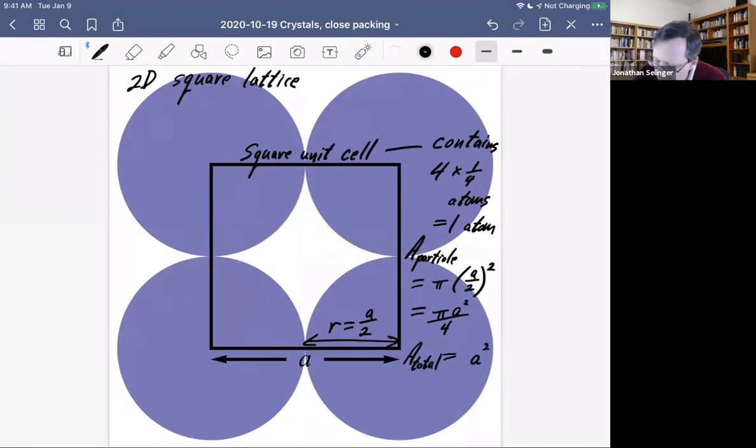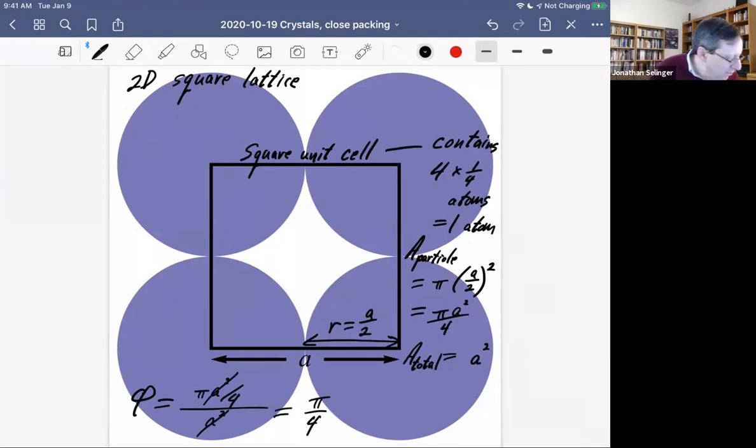So if we combine those things, then we get the packing fraction phi, which is the area in particles. So pi A squared over 4 divided by A squared. So the A's cancel, and this is just pi over 4. Okay? And so that is approximately equal to 0.785.